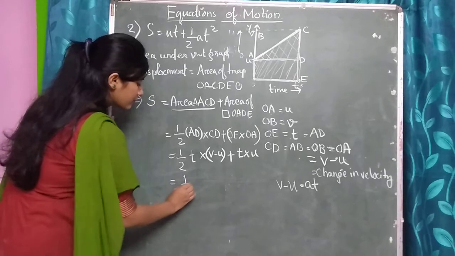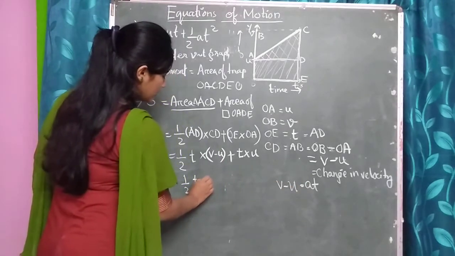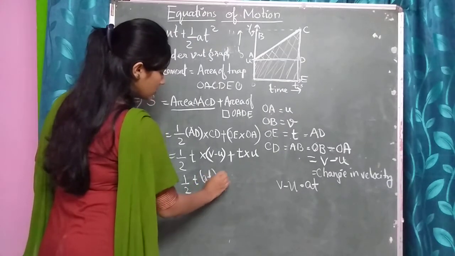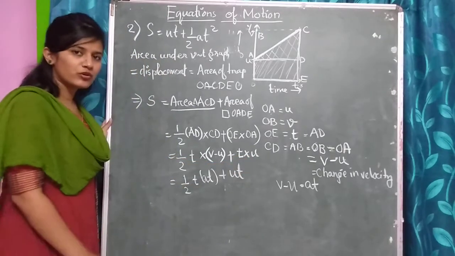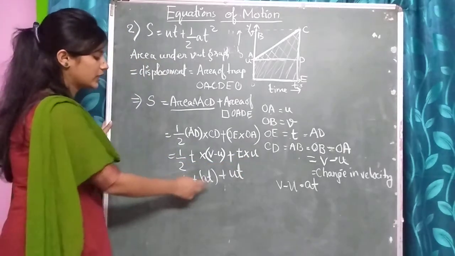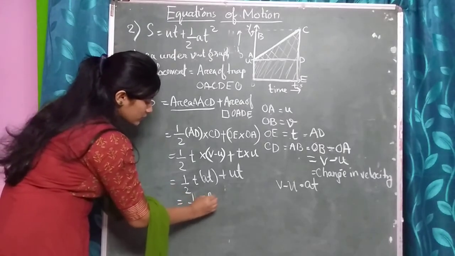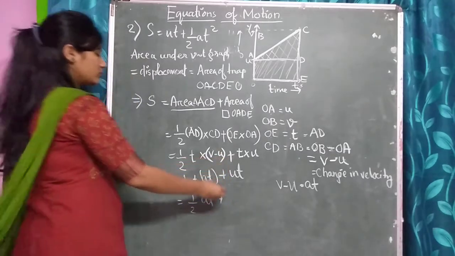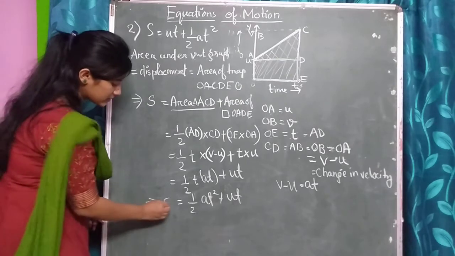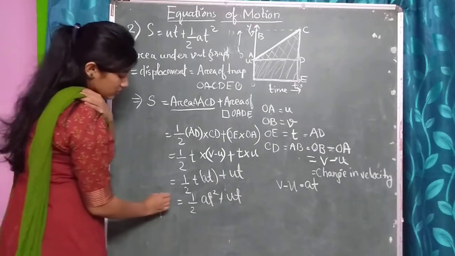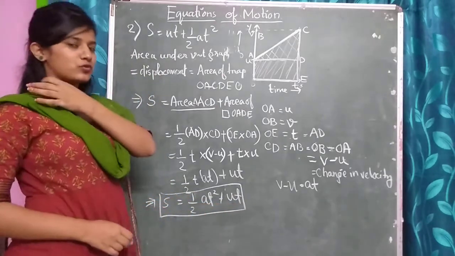So half into T, V minus U is equal to AT, plus UT. T into U, that is UT. So T into AT will give us half AT square plus UT, and here we can write it as S. So you are getting S equals UT plus half AT square.